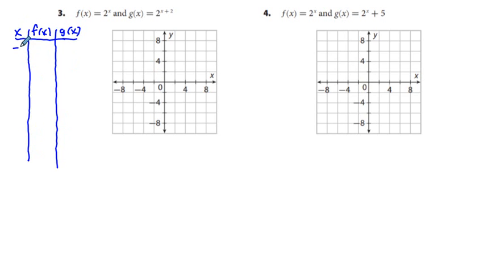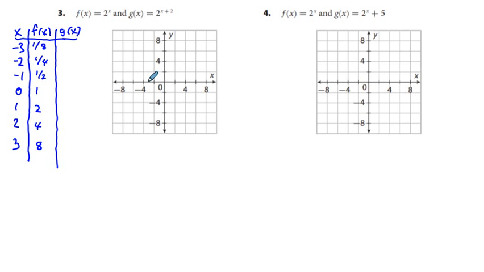So the same input values of -3, -2, -1, 0, 1, 2, 3, and the same output values for f of x equals 2 to the power of x. We have 1/8, 1/4, 1/2, 1, 2, 4, 8.